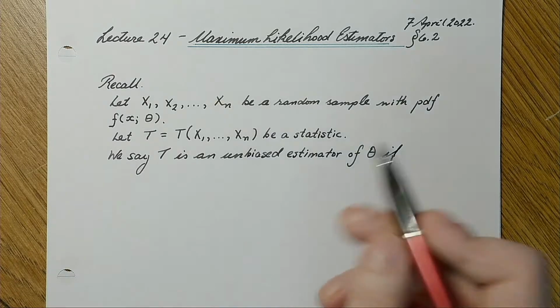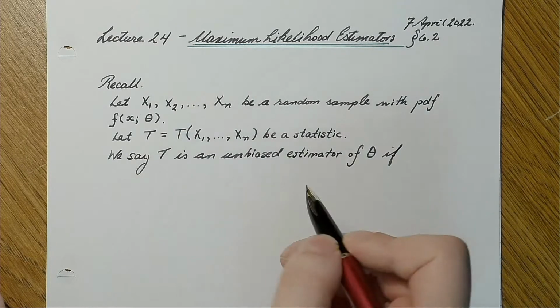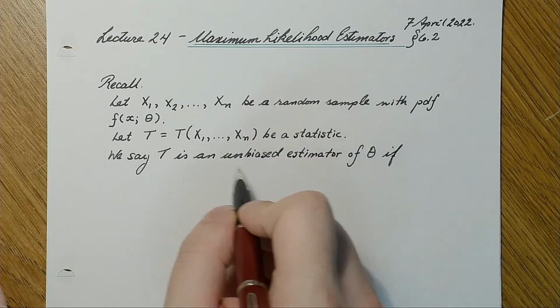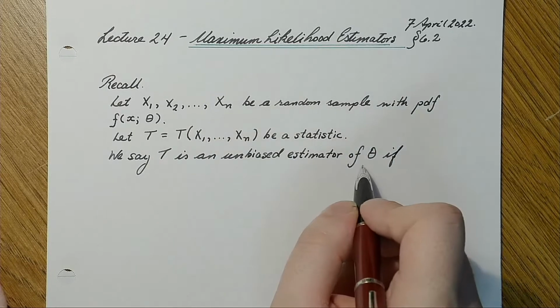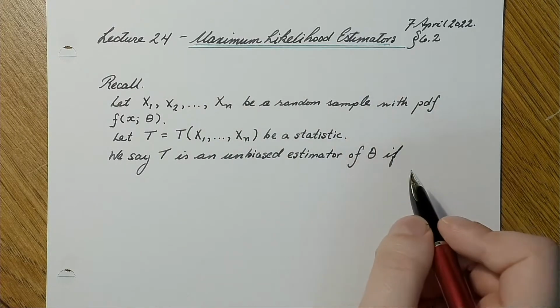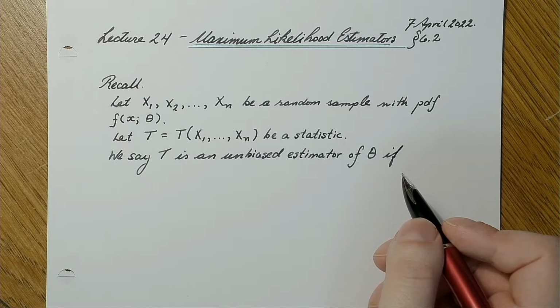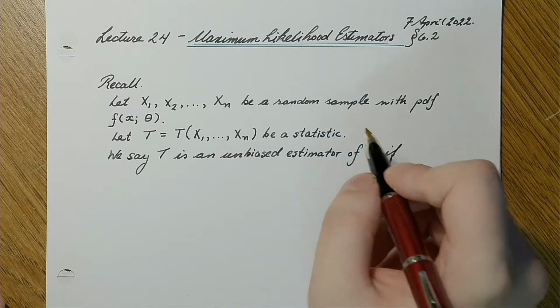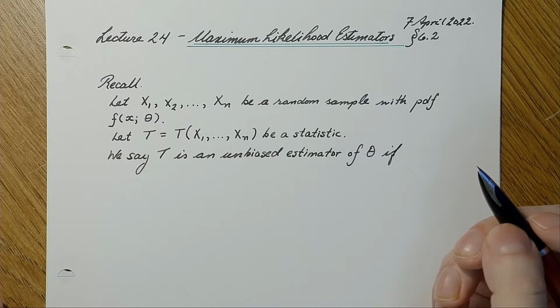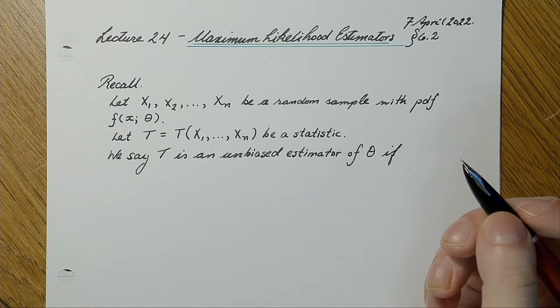Now in the chat, what do you think I would write down for this? What is the definition then? That t is an unbiased estimator of theta if, what's the condition? Yep, that's good.